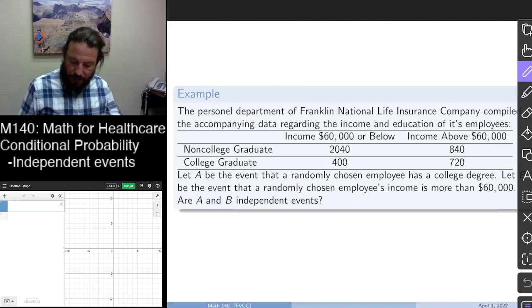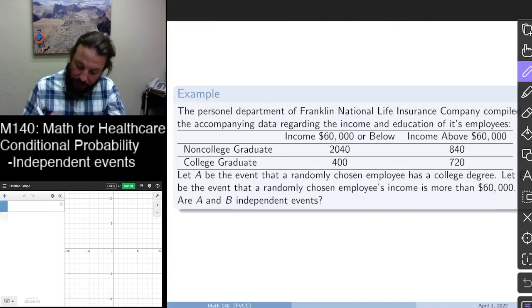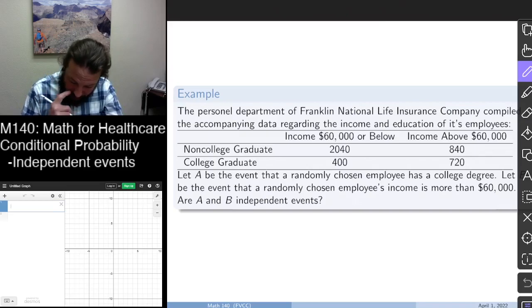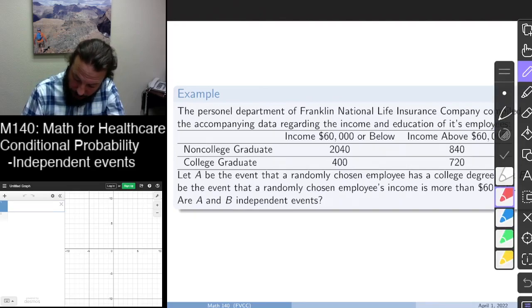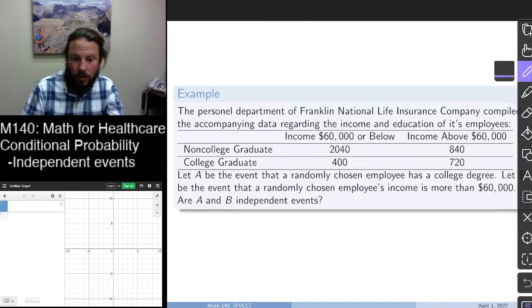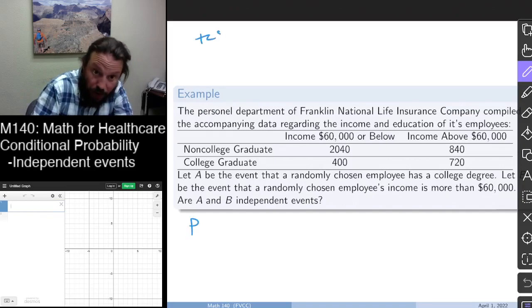Let A be the event that a randomly chosen employee has a college degree. Let B be the event that a randomly chosen employee's income is more than $60,000. Are A and B independent events? All right. Well, for our test we saw we needed a few things. Remember our test. Let me write that up here.